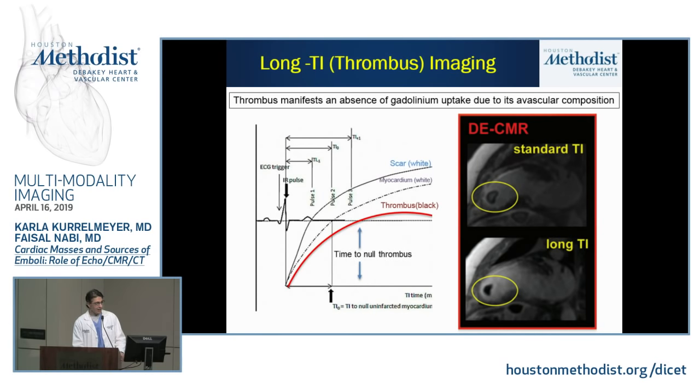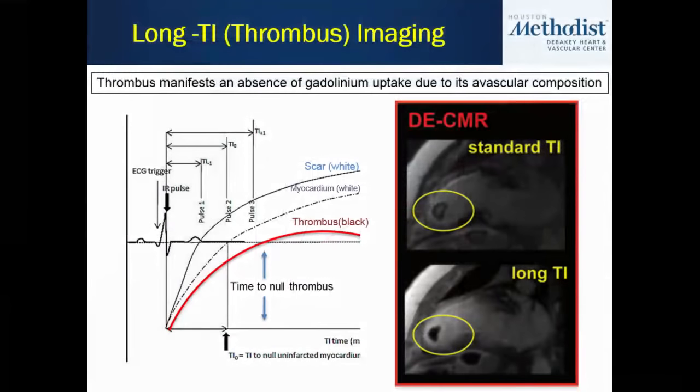And finally, the other structural probe that we use in patients with masses is to interrogate for thrombus. Like I showed you in the prior example where we null the myocardium to be dark, here we use a probe where we null thrombus to be dark. This is a particular situation where we image at what we call a very long TI.